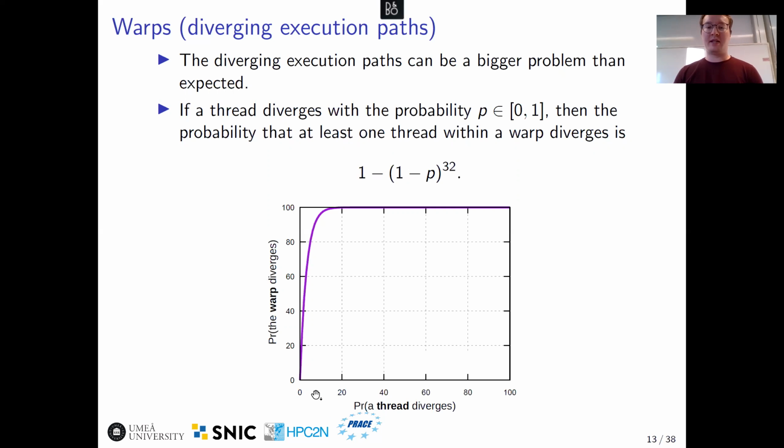And when you look at that, if you have only 20% probability that an individual thread in the warp will diverge, it's really almost 100% guaranteed that the entire warp will end up diverging. So even if you have some very rare situation where you end up having diverging execution paths for the threads of the warp, it can still get quite costly.